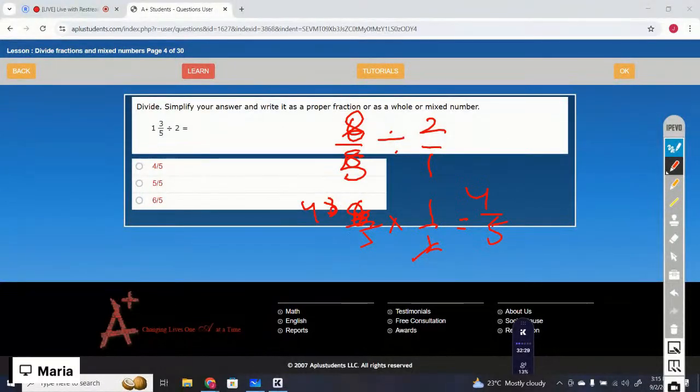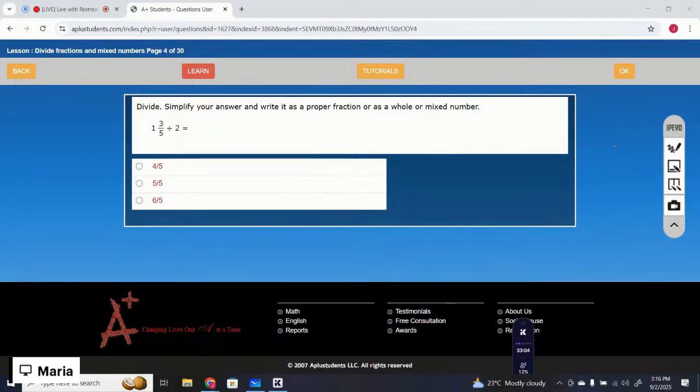That is 4 by 5. Option 1 is the correct option.